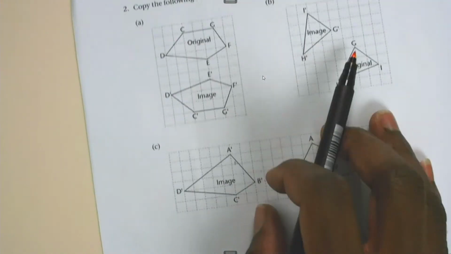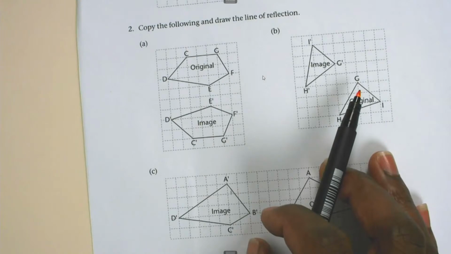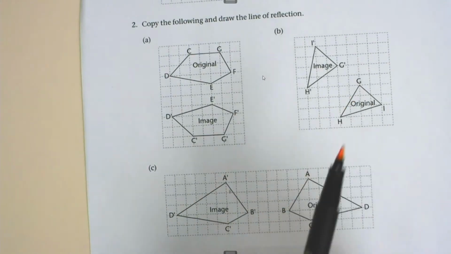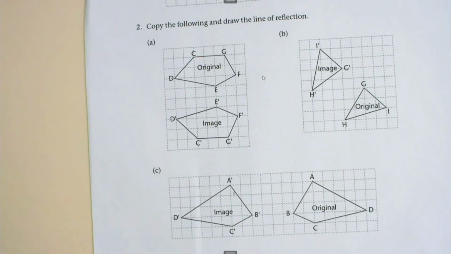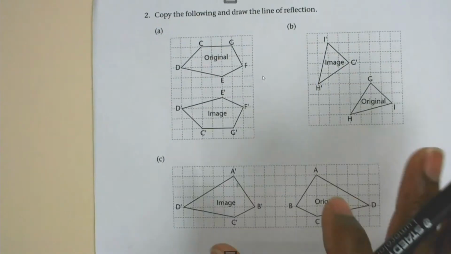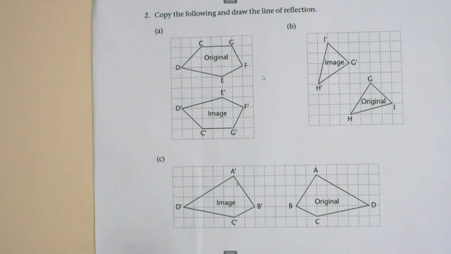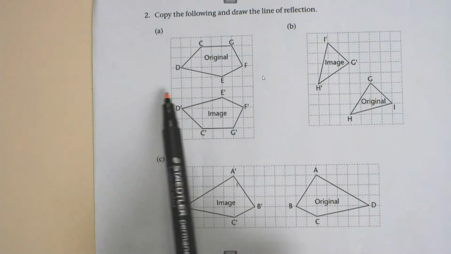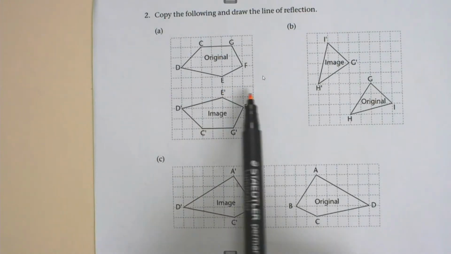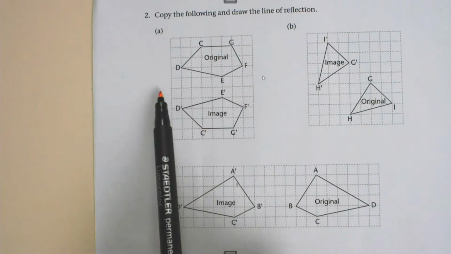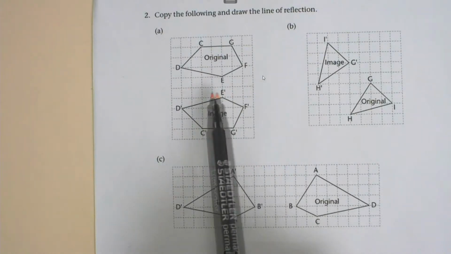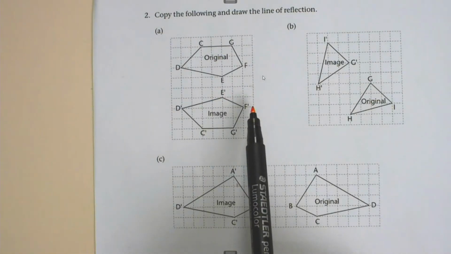Now, check the other one in number 2. Number 2 says copy the following and draw the line of reflection. Now here, there has to be a line of reflection. A line of reflection, remember, is similar to a line of symmetry in terms of how far each point is from the original shape.